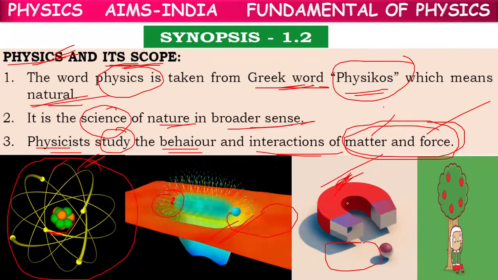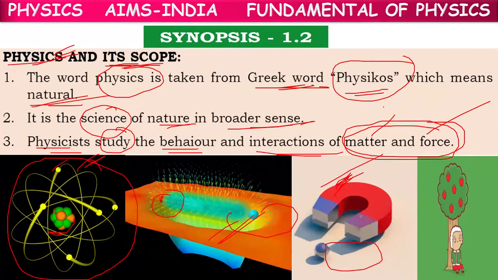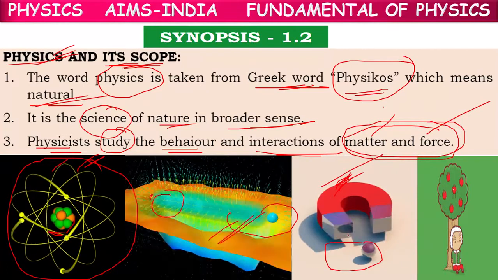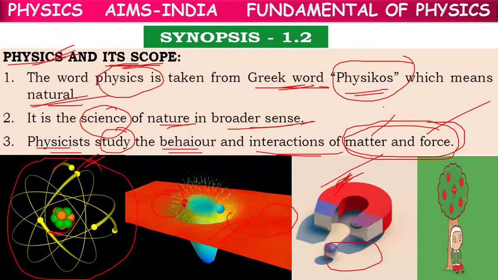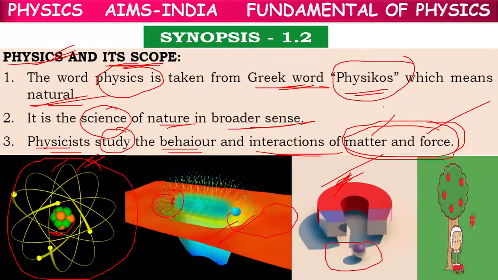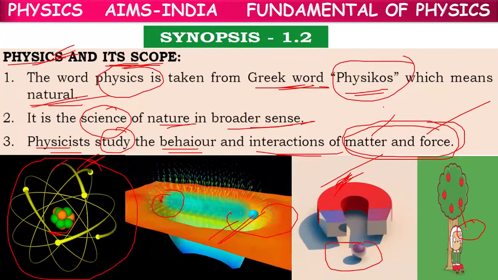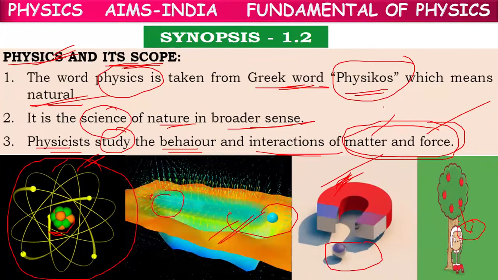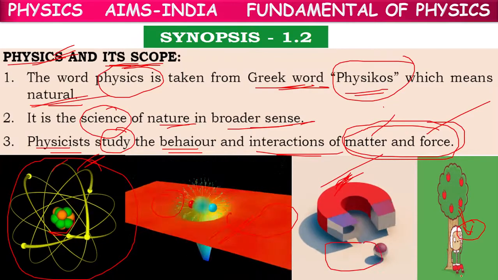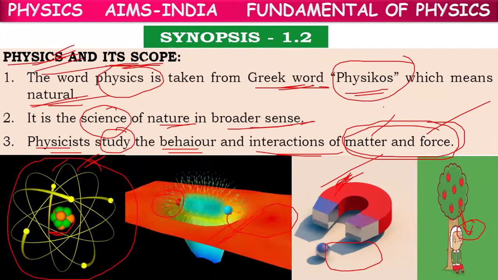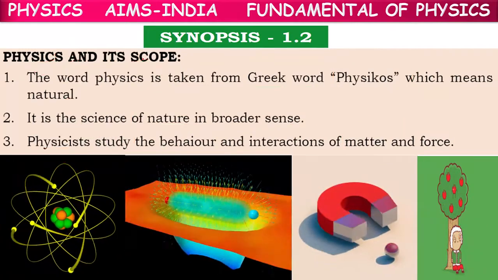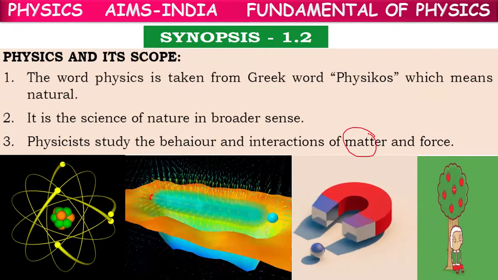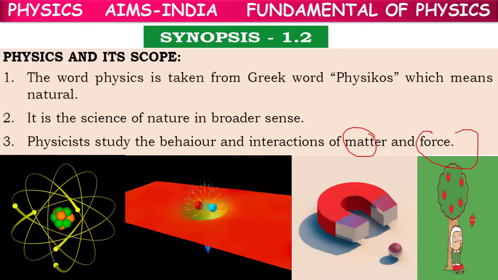Here the magnet is matter, and their oscillation is because of some force. Or here, due to gravitational force, the apple is falling down. Studying about the apple and the force is called physics. So in physics, we study about matter and we study about force.